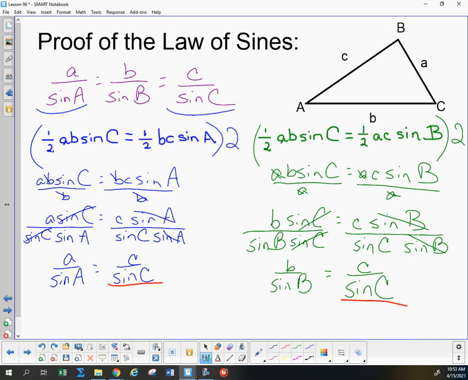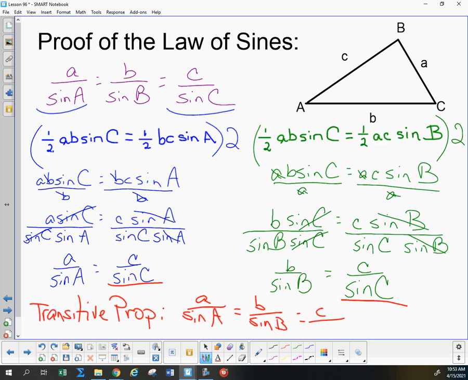That means all three have to be equal to each other by the transitive property. So we can say our law of sines is true. A over sine A equals B over sine B equals C over sine C. And that's what we want. Anybody with a question now?